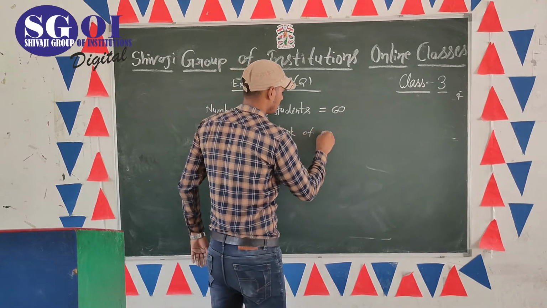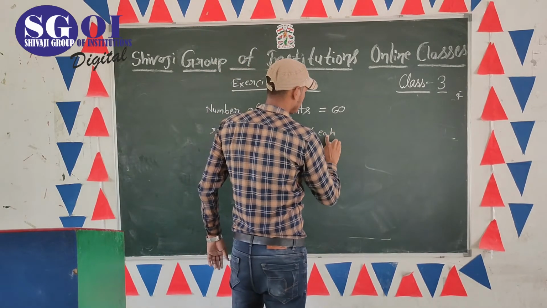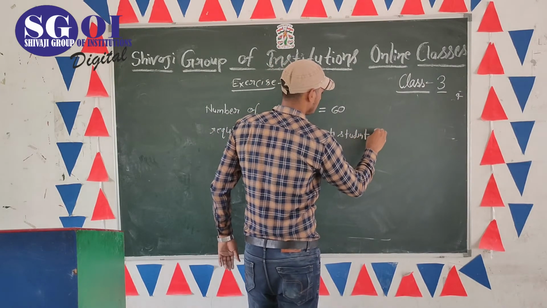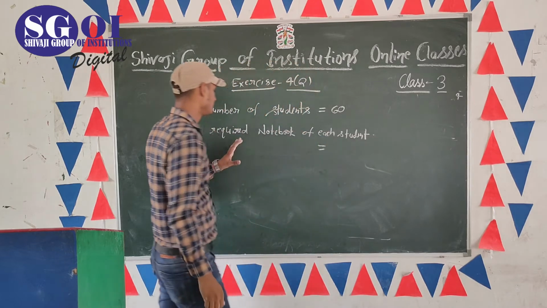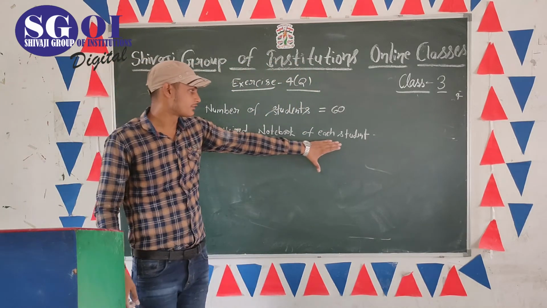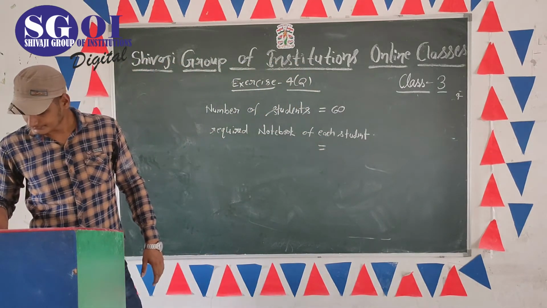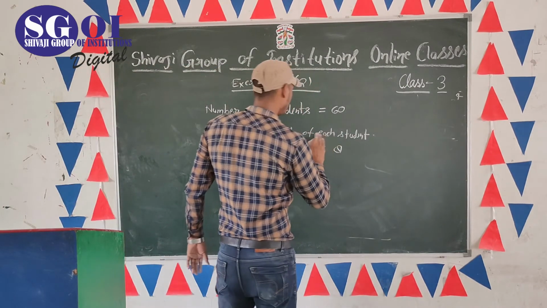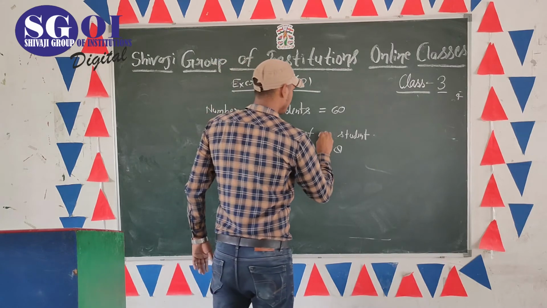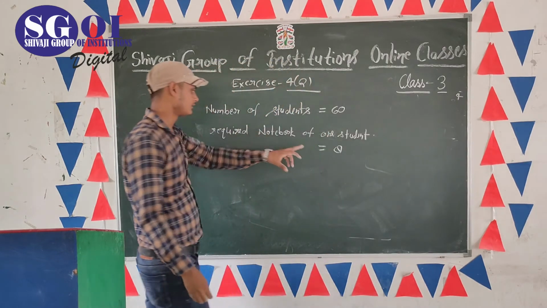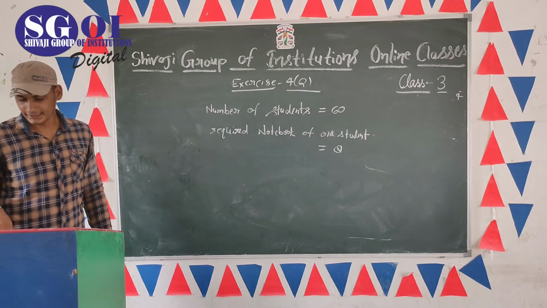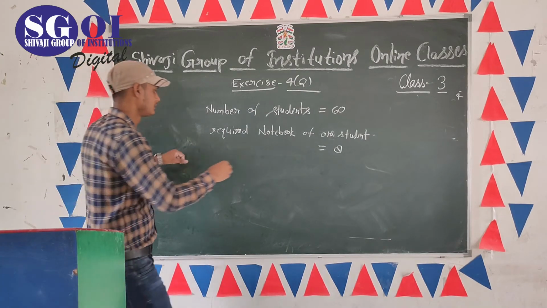Required notebooks of each student is equal to 8. Means required notebooks of one student is equal to 8. Then how many notebooks are needed to fulfill the demand?